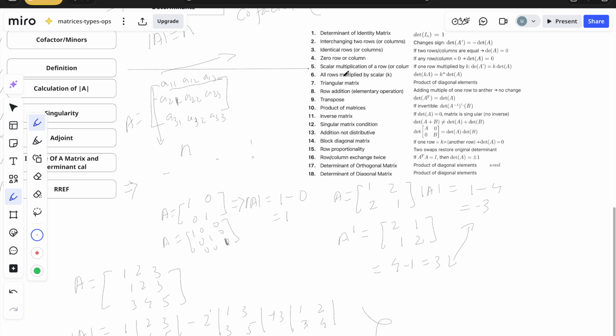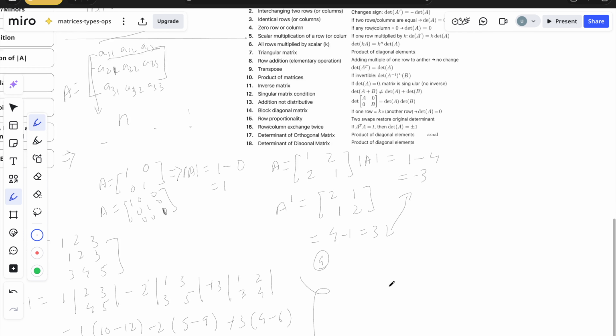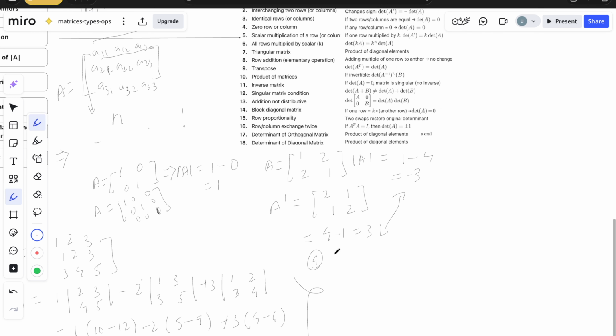So the fourth property says that for a 0 row or column, basically if you have any matrix A which has got a 0 row, then its determinant is 0. Say 0 0 0, 1 1 2, 1 2 4.